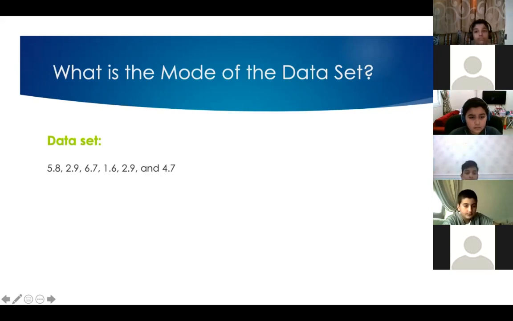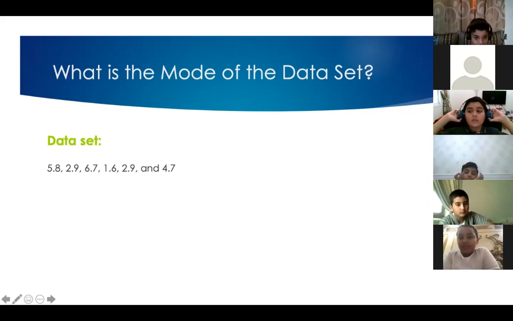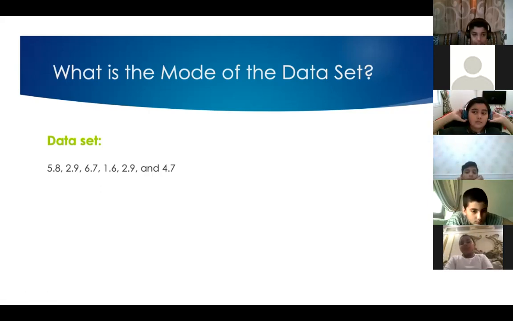Ahmed Nabhan, would you remind us of the data set, please? Would you read the data again? What is the mode of the data set? 5.8, 2.9, 6.7, 1.6, 2.9, and 4.7. Okay, let me ask you this question, Ahmed. Which number is occurring most?